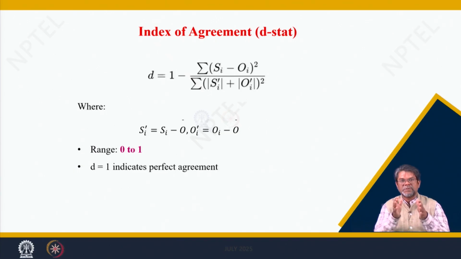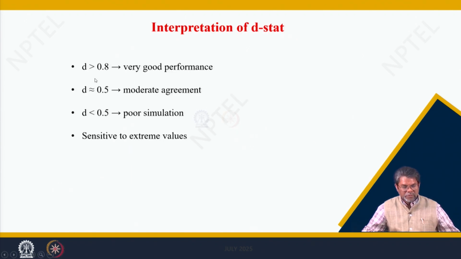There is some difference between the simulation value and observed value, so based upon that we calculate the D value, the index of agreement. If the D value is higher than 0.8, that means it is a very good performance of the model.